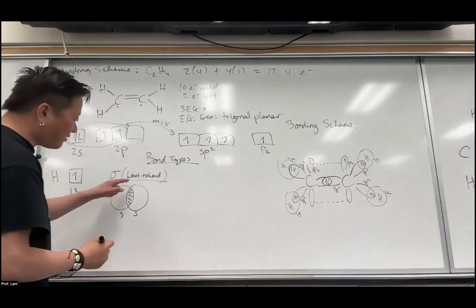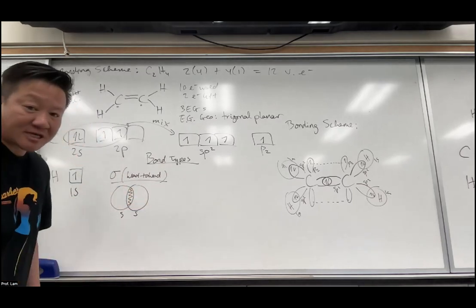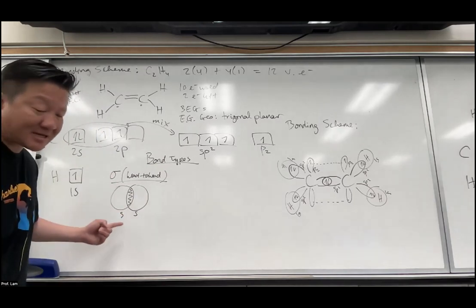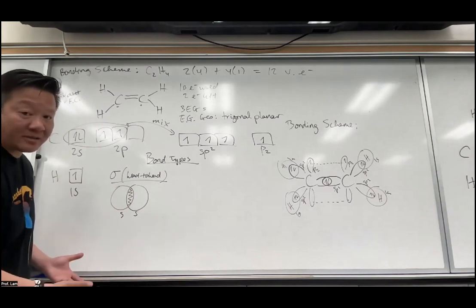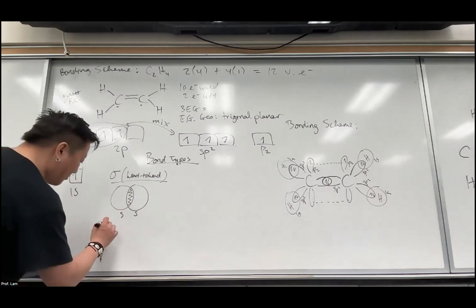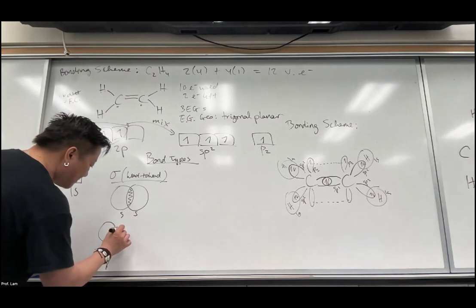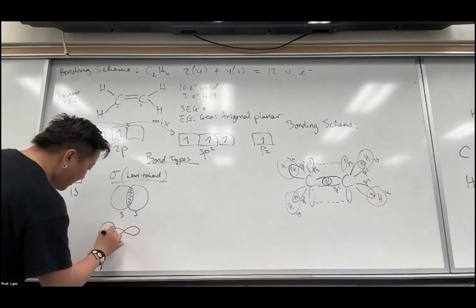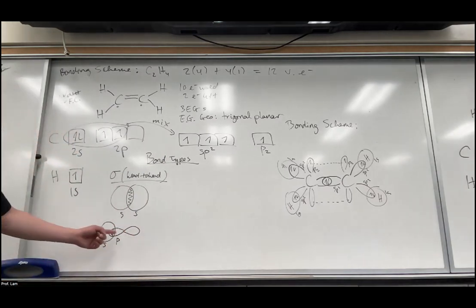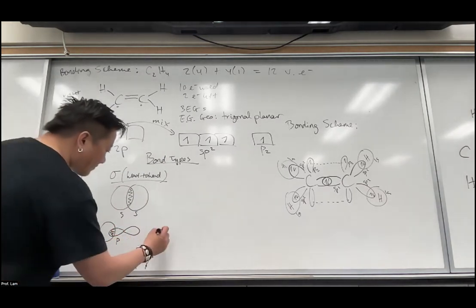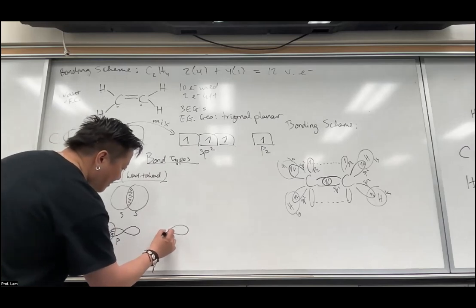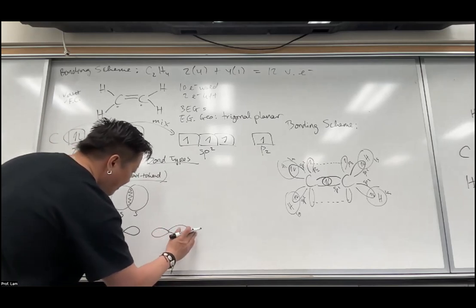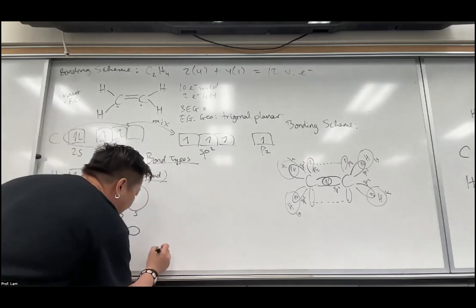When they overlap with no interruption, that's called sigma. And probably sigma like s, right? That's why it's called sigma, because it's like s. But you can also do it with s and a p. So an s and a p would look like this. Right. And there's the overlap region, right? That's still a head-to-head overlap. And then you can also have, start by this.